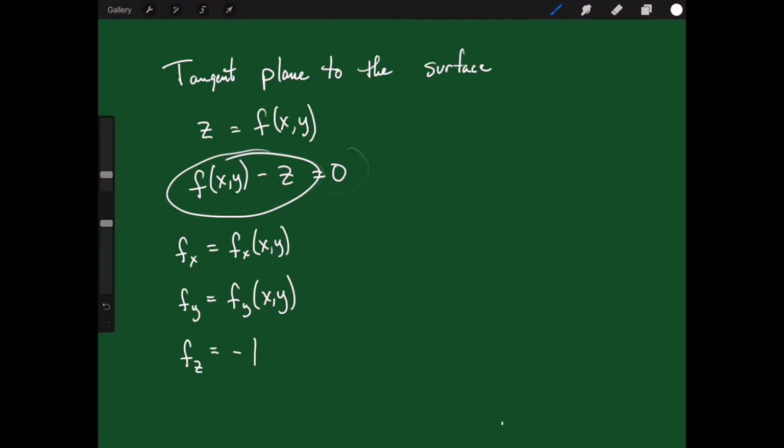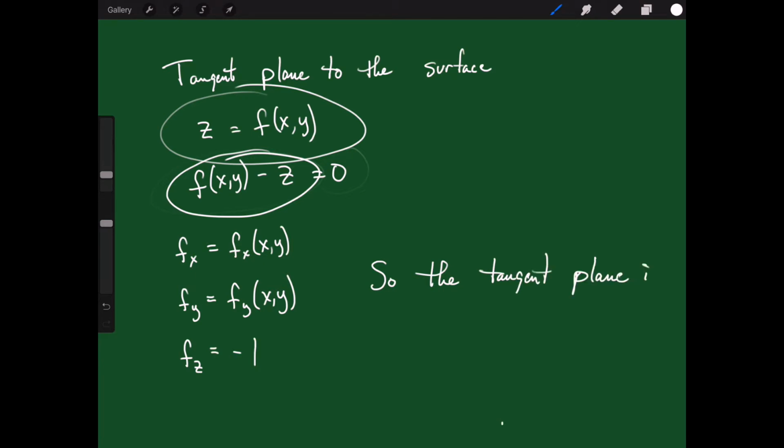Okay, so now if we have a z equals f of xy, then the way that we could write the tangent plane is the following. So the tangent plane is similar. It's the partial with respect to x evaluated at x0, y0 times x minus x0 plus partial with respect to y of x0, y0 times y minus y0 plus, well, now the partial with respect to z, I know that.